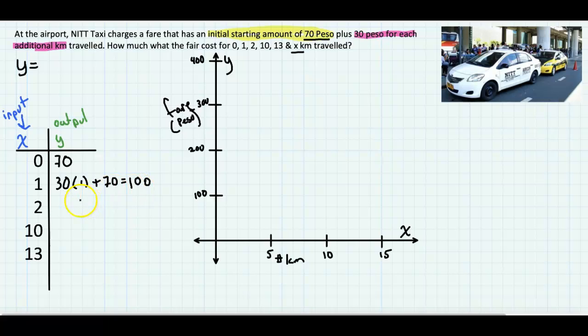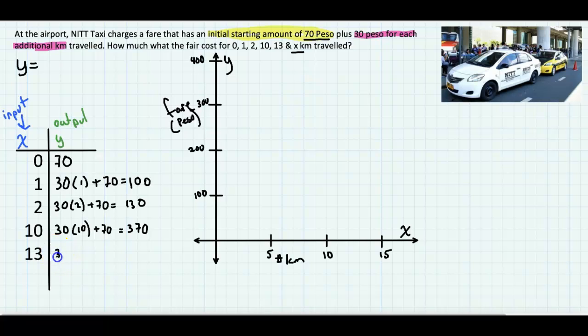If I travel 2 kilometers, that would be 30 times 2 kilometers, plus the 70 that we had to start with, that's 130. If I go 10, that's 30 times 10 kilometers. That's 300, plus 70. That's going to equal 370.